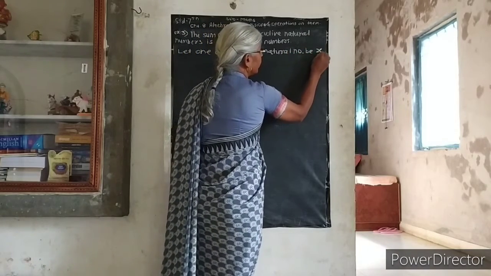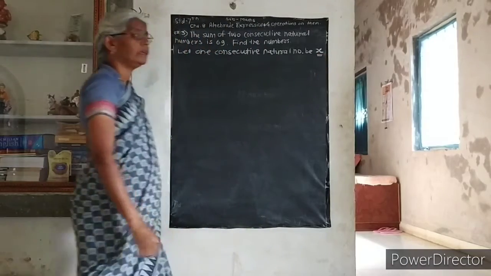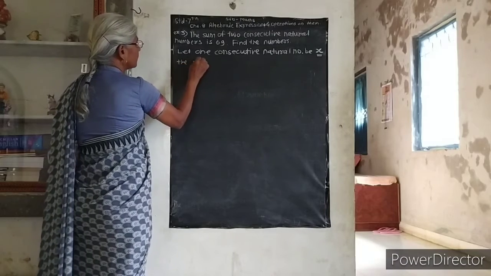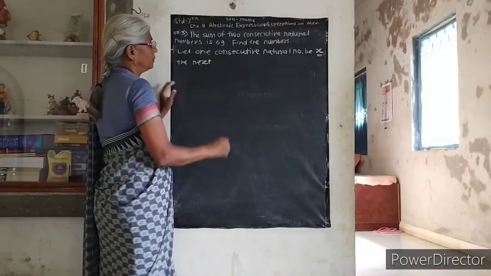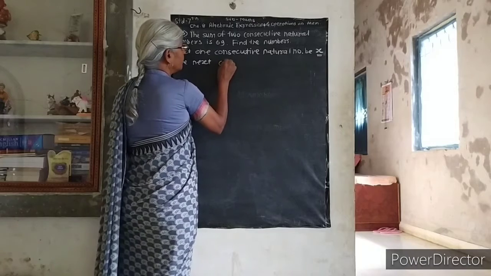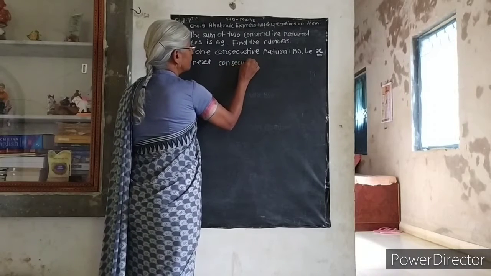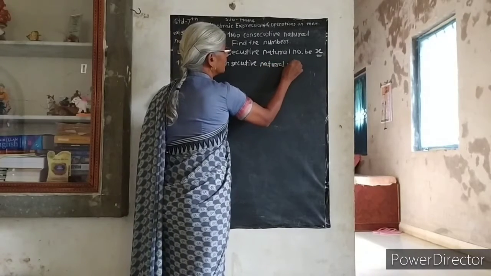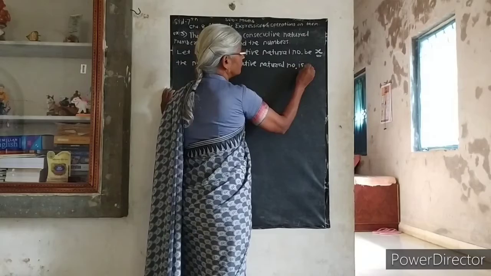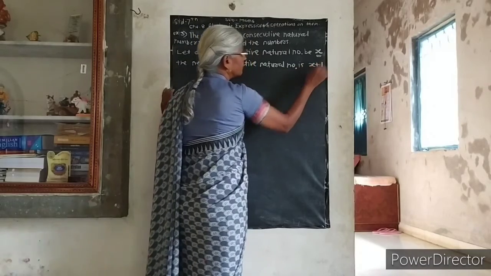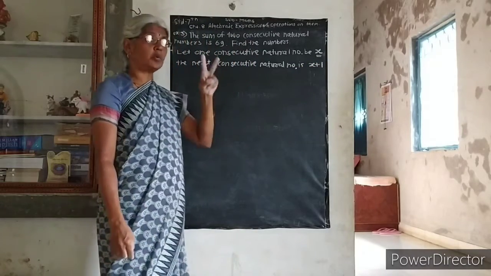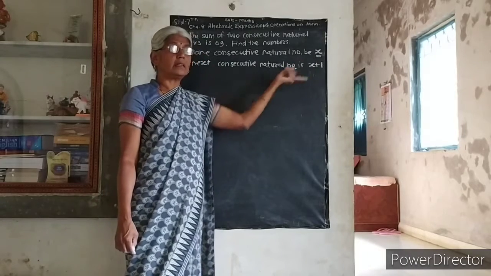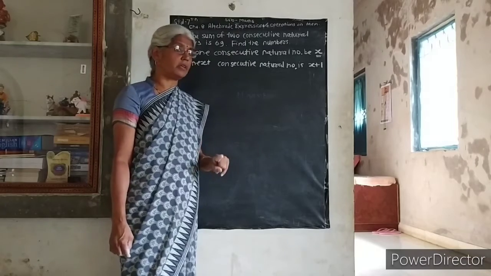You can take any variable. Then the next consecutive natural number is x plus 1, because the difference between two consecutive natural numbers is 1. Therefore, if the first number is x, then the next number is x plus 1.